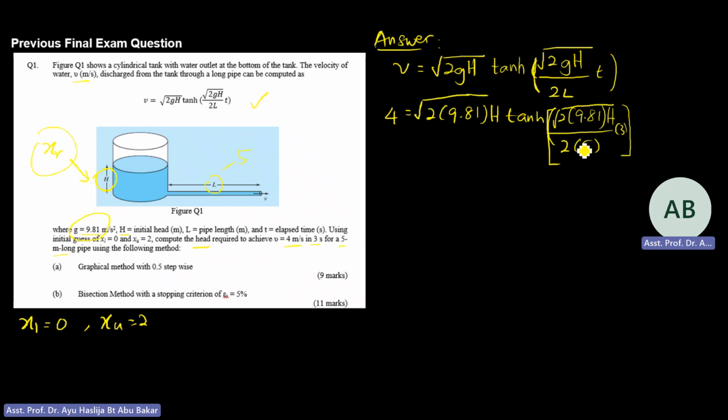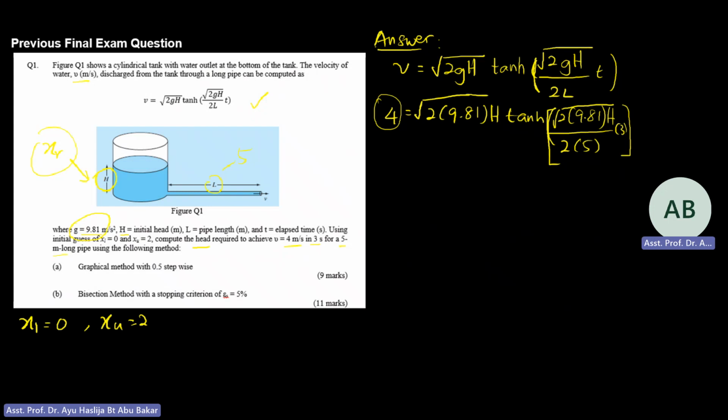Replace all infos. This is the first step. We need to find out the equation that will be used for your calculation first. Once you get that, you replace all the infos, and the 4 is over here.